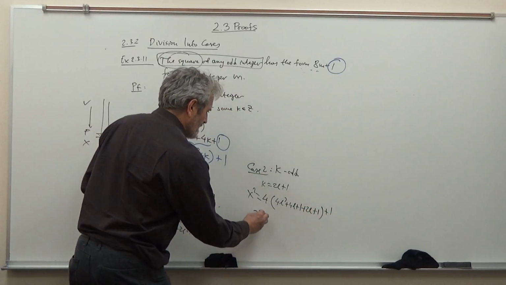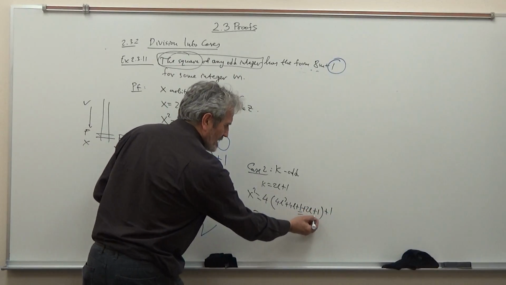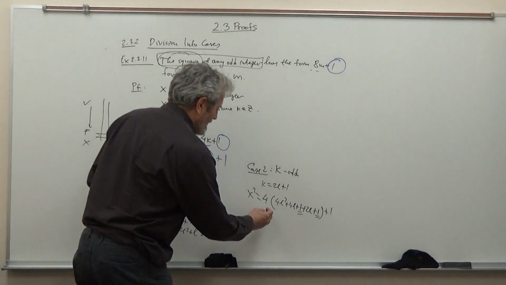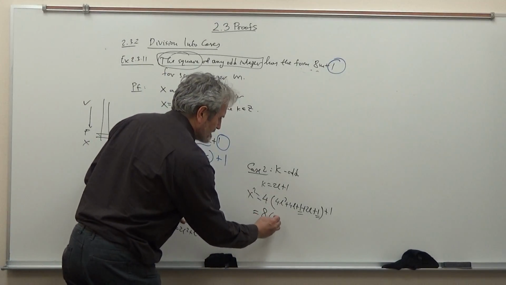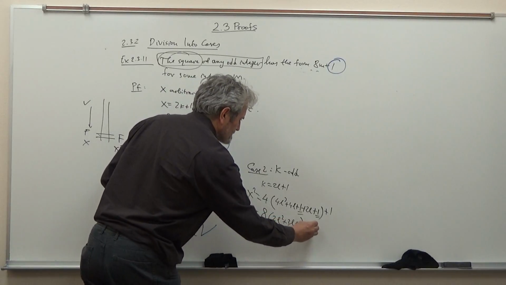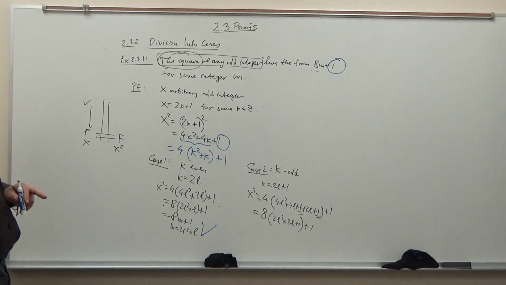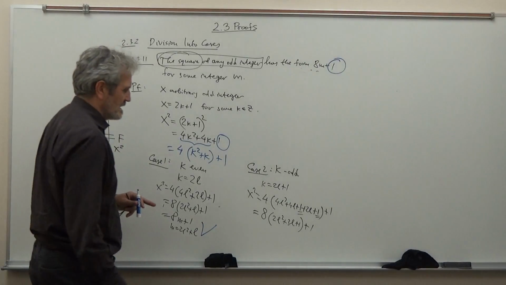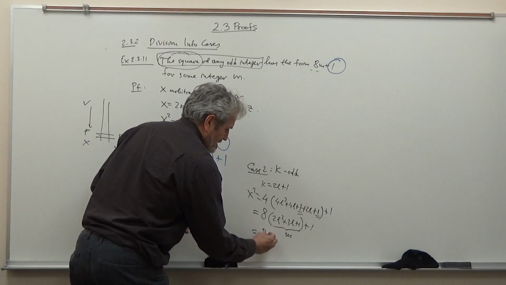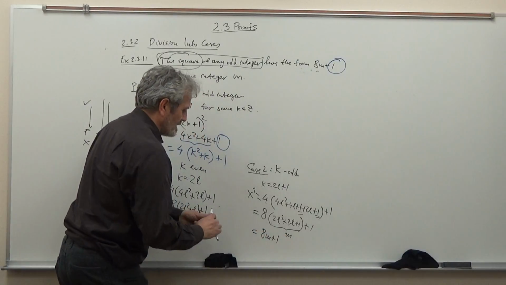Plus 1. Again, because 1 and 1 is 2, I can factor out 2 again, and I get 8 times 2l squared plus 3l plus 1, plus 1. I think I'm correct about that, rushing. So if I call this m, and that's an integer, I have 8m plus 1.